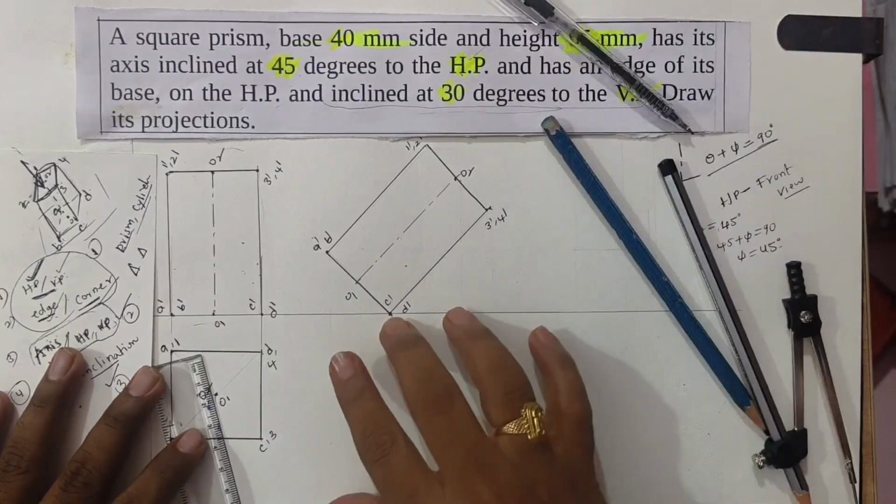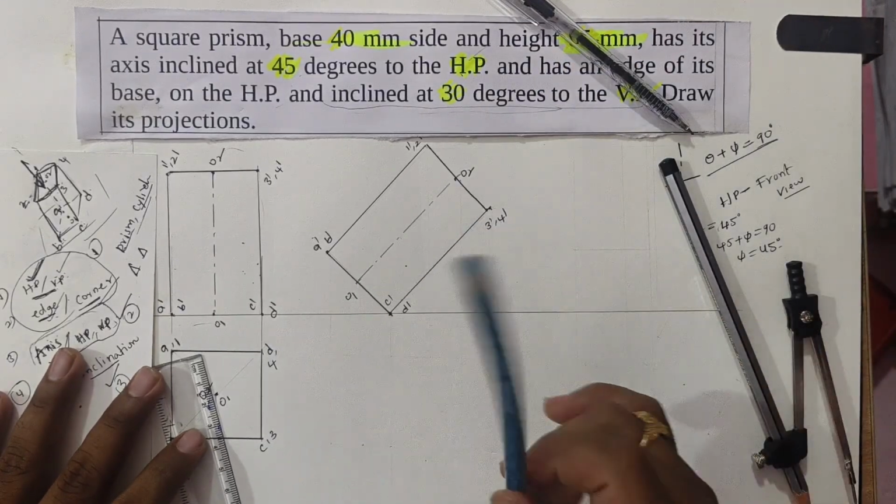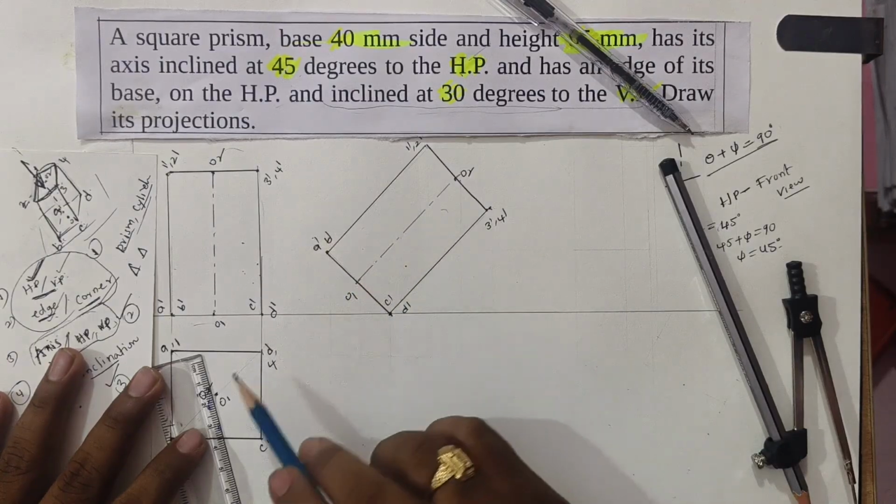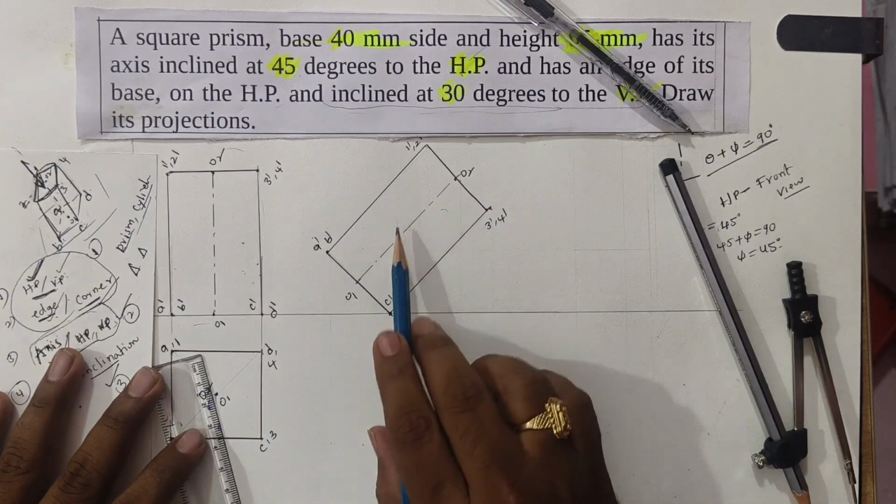Now let us draw the top view of the second stage with the help of the existing top view and the second stage front view.